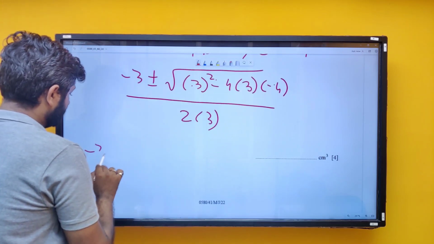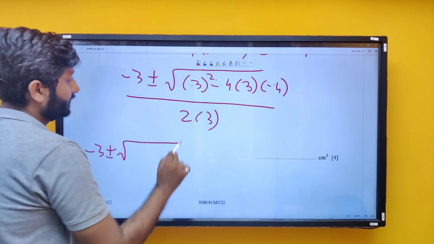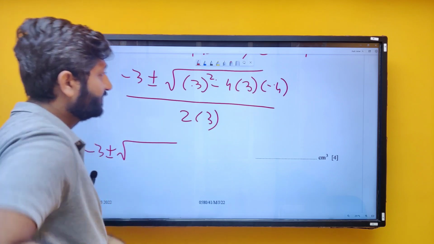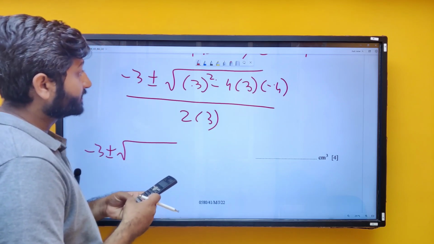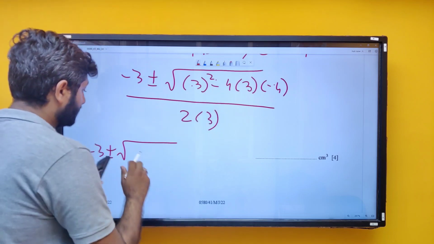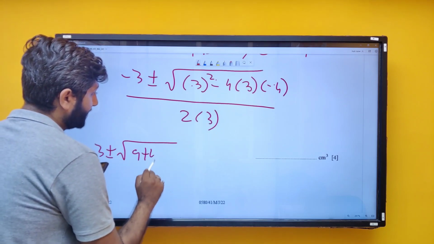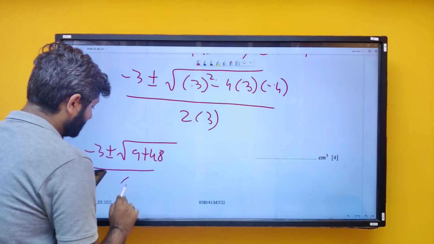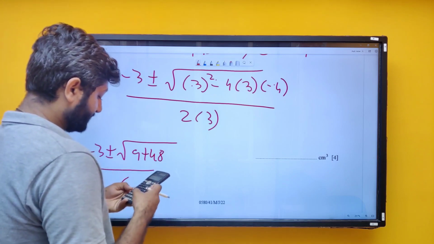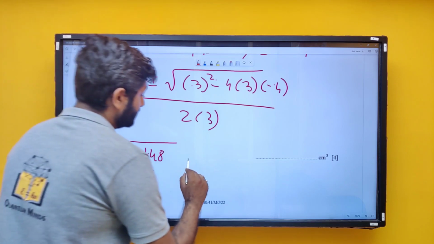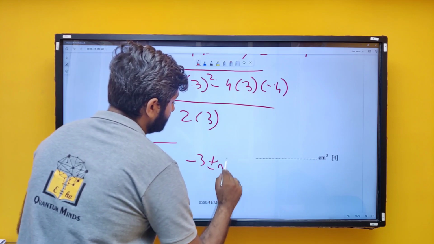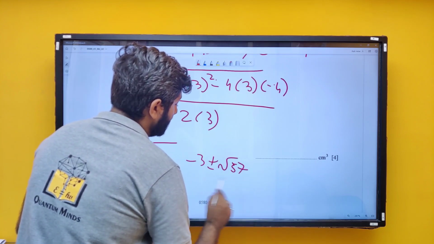So minus 3 plus or minus root of 3 square, which is 9, and 4 into 4 into 3 is 48. 9 plus 48 is 57, upon 6. So minus 3 plus or minus root 57 by 6.